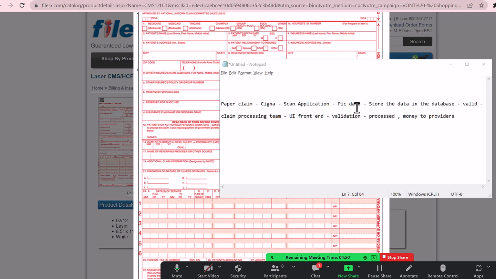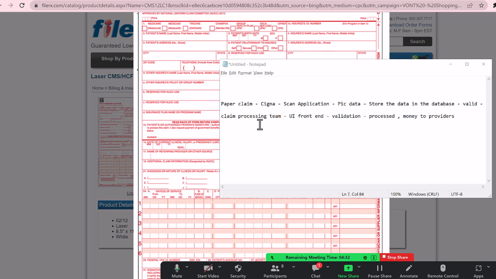It's picking up all the essential data, and once it scans, it pulls all the data and automatically stores it into a database. And then that image, whatever we are scanning, as well as the data, both go to the processing team.